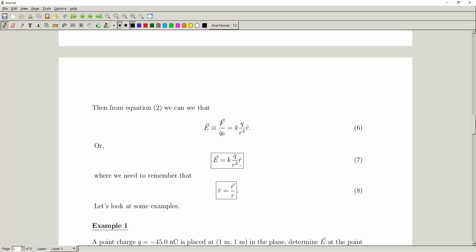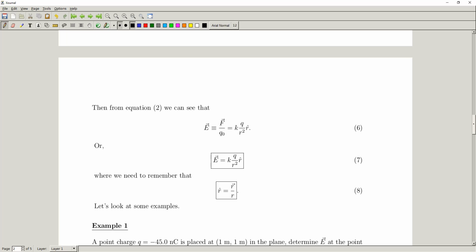R is the magnitude of our position vector pointing to whatever point we're interested in, and this is our r hat, the direction of that position vector. We can calculate both r and r hat. We would calculate r hat from this expression here, and we need the magnitude of our vector r to be able to get r, right?